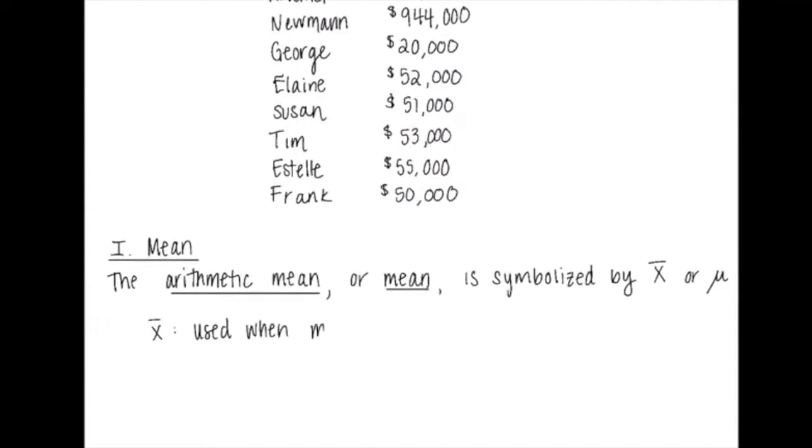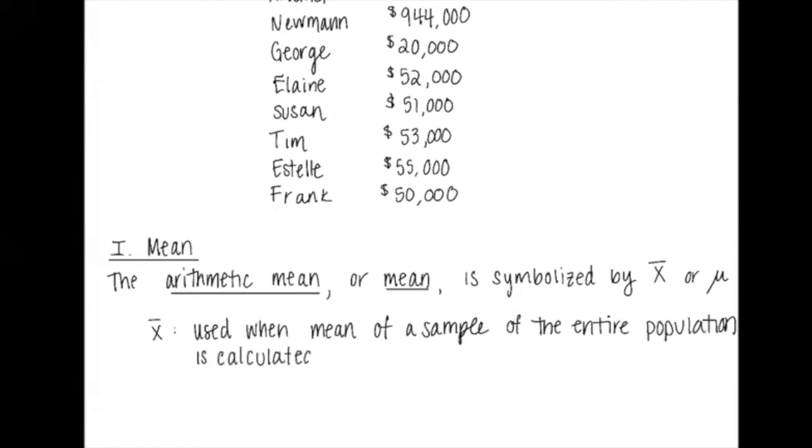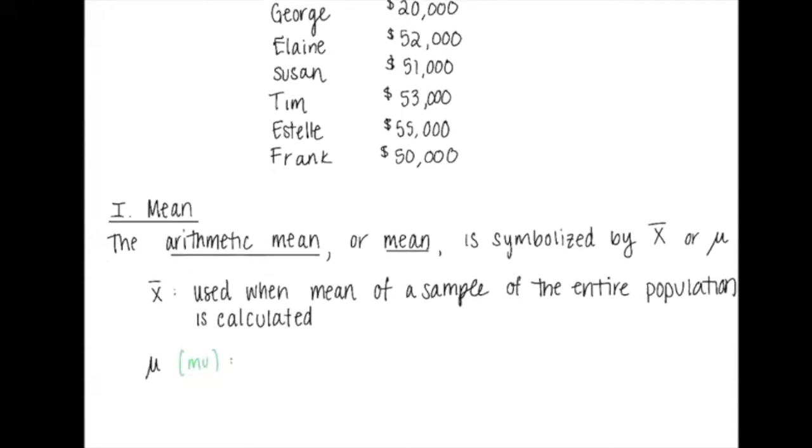when the mean of a sample of the entire population is calculated. Okay. While mu, this is a Greek letter, is used when the mean of the entire population is calculated.